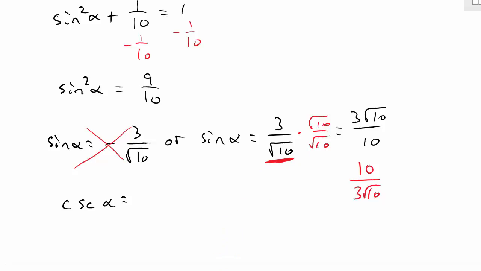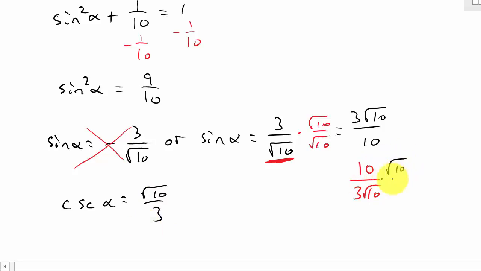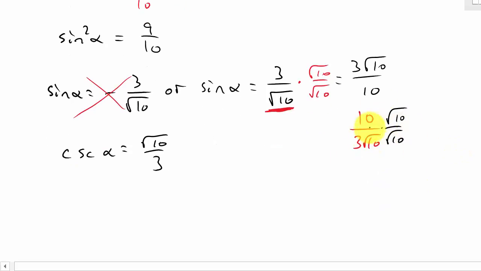That's just square root of 10 over 3, and now we don't have to worry about rationalizing. Even if we did the other one, rationalizing gives 10 square root of 10 over 30, and the 10s cancel, giving square root of 10 over 3. You get the same thing.